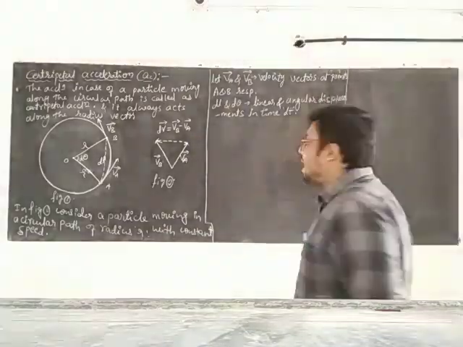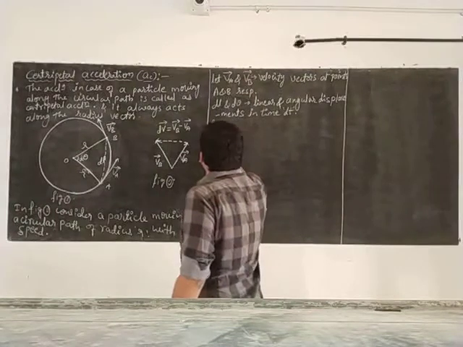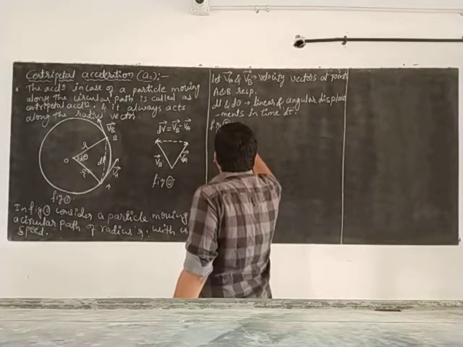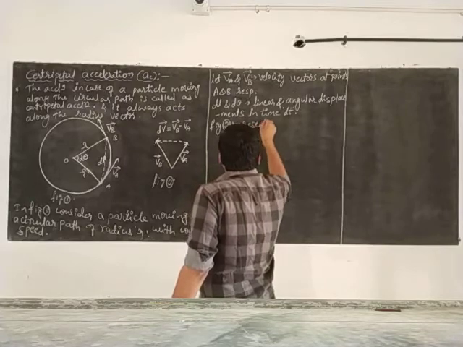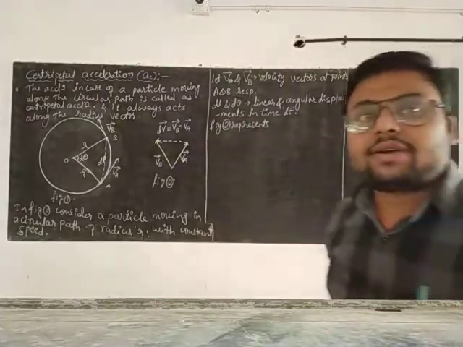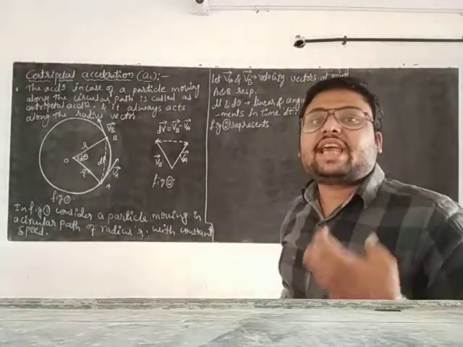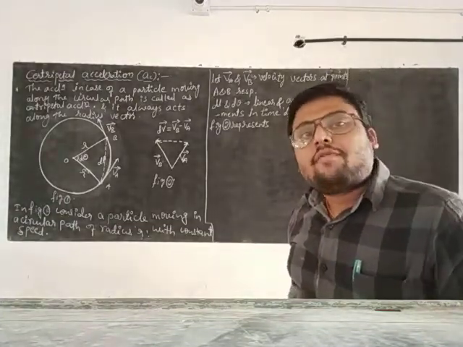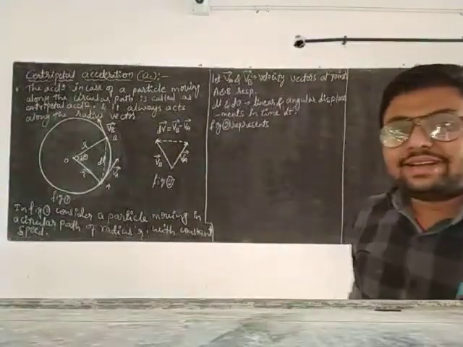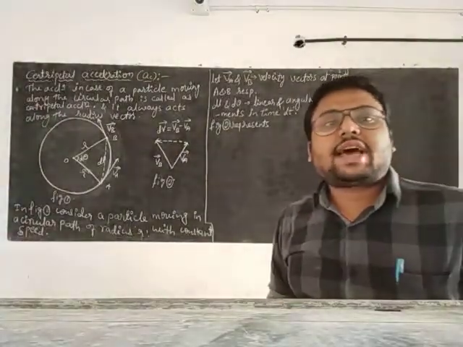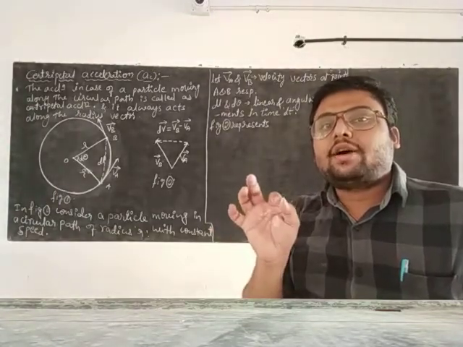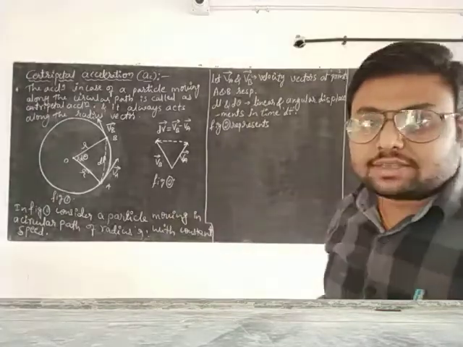In figure 2, what do we have? Why have I drawn the second figure? In order to represent the change in the direction of velocity. So figure 2 represents the change in the direction of velocities of the particle which is moving in a circular path.